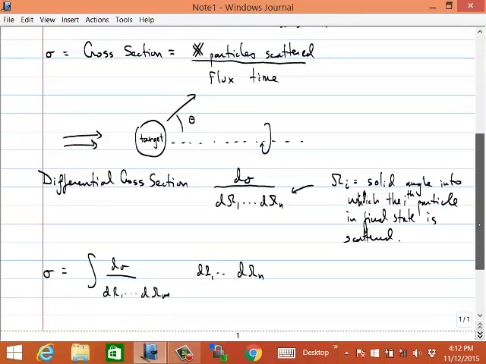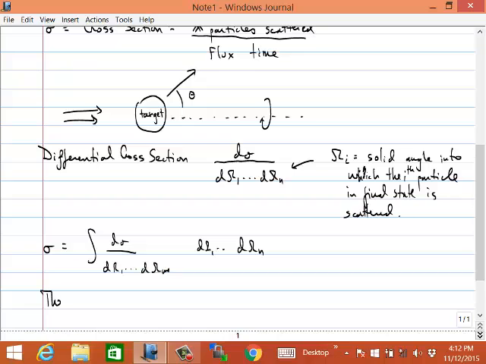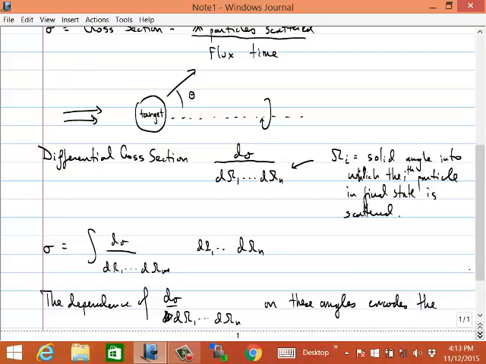And the basic idea is that if you investigate the dependence of this differential cross-section on these angles, this is some data that really encodes the shape of the target.